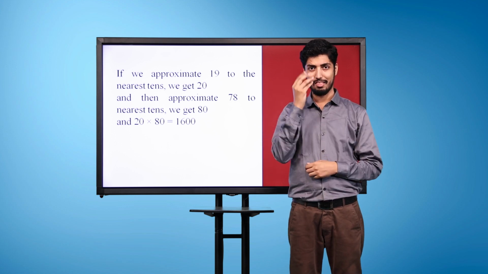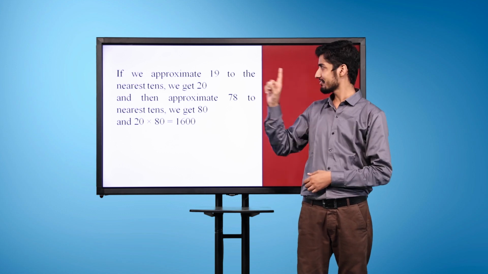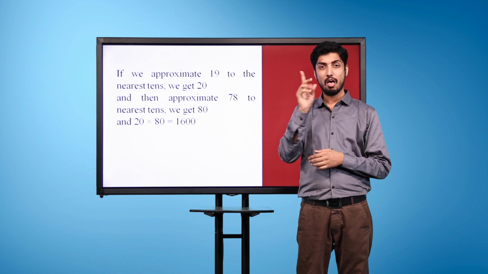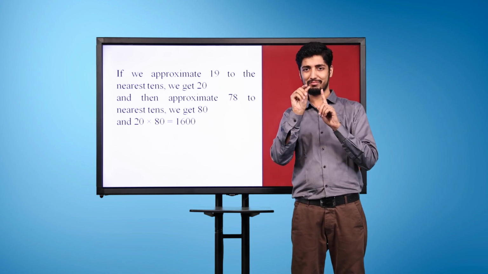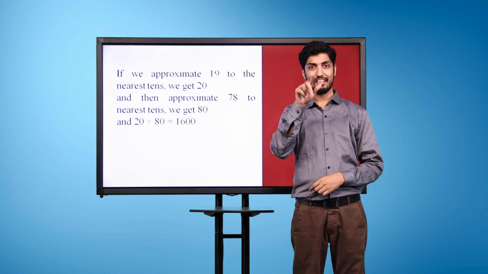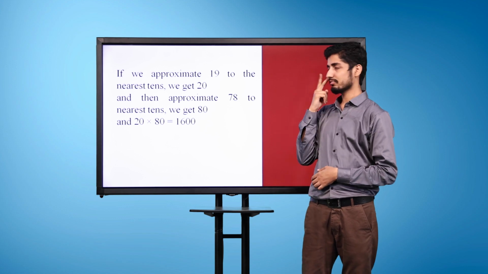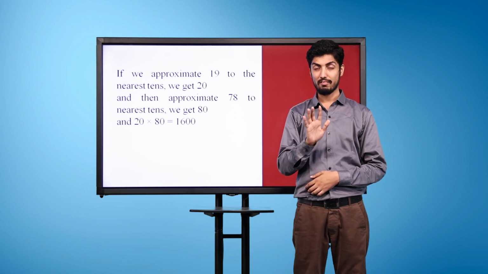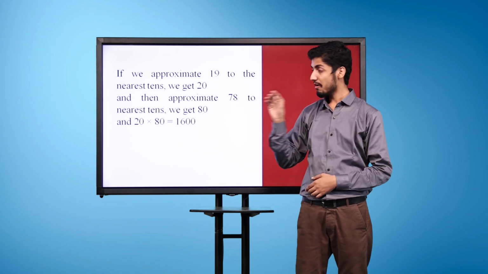If we approximate 19 to the nearest tens, we get 20. And then approximate 78 to the nearest tens, we get 80, and 20 multiplied by 80 is equal to 1600.